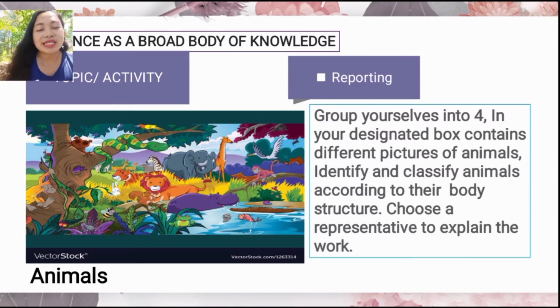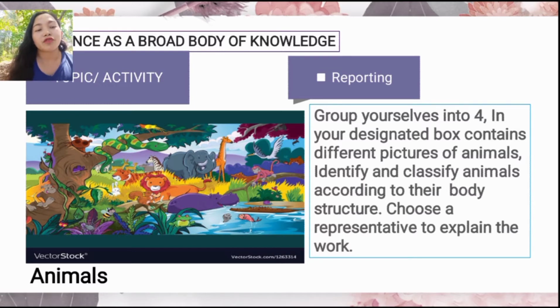For this topic, maybe I'm going to give a reporting activity by group. Let's say I'm going to ask them to group themselves into 4, and I'm going to give each group a designated box containing different pictures of animals.